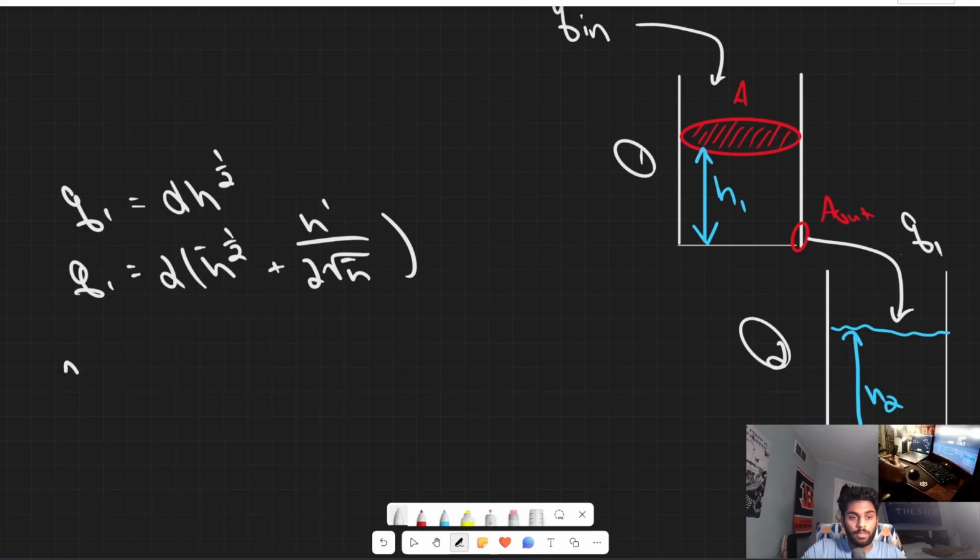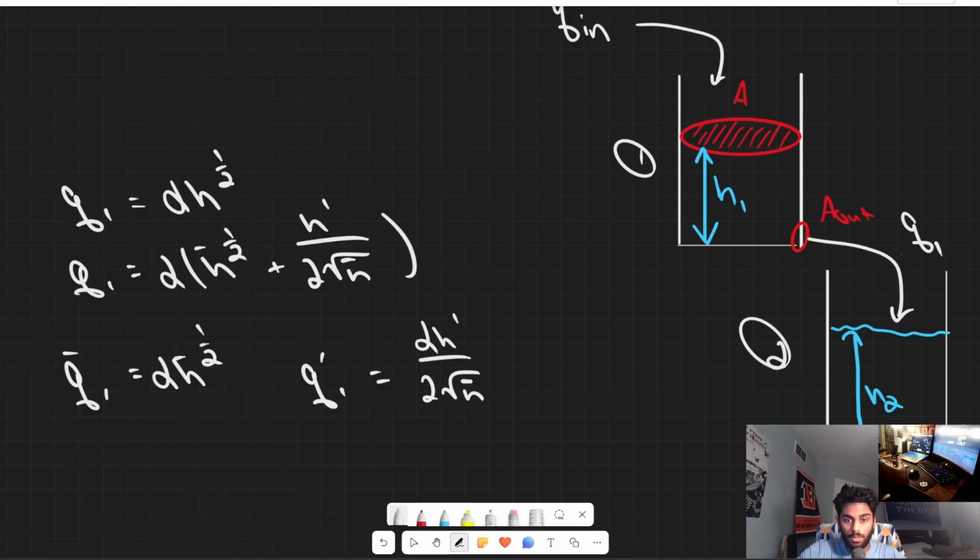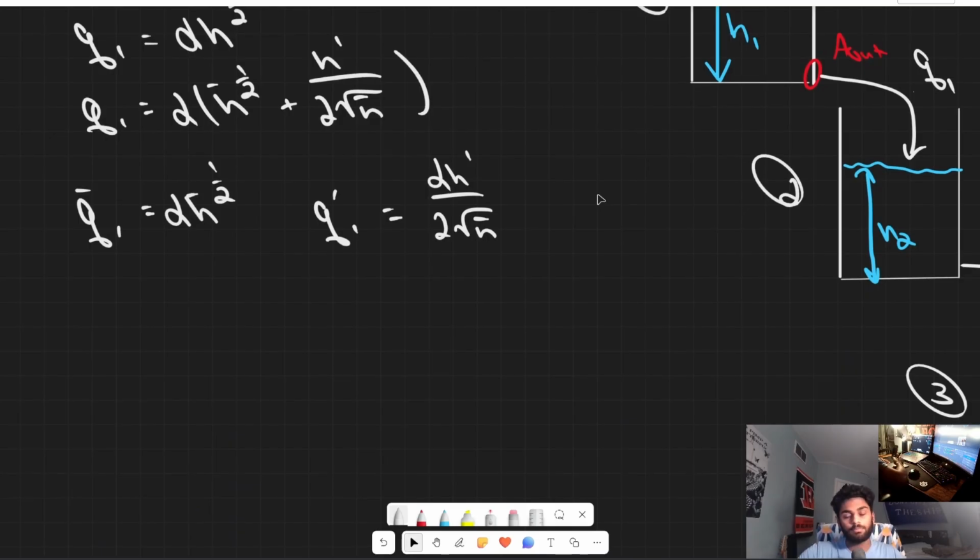So we get Q1 bar is equal to alpha h bar to the 1/2, which means that our deviation variable defined for the same system is going to be equal to alpha h prime over 2 root h bar. Then we want to do our Laplace transform. So now we have Q equals alpha over 2 root h bar times H.